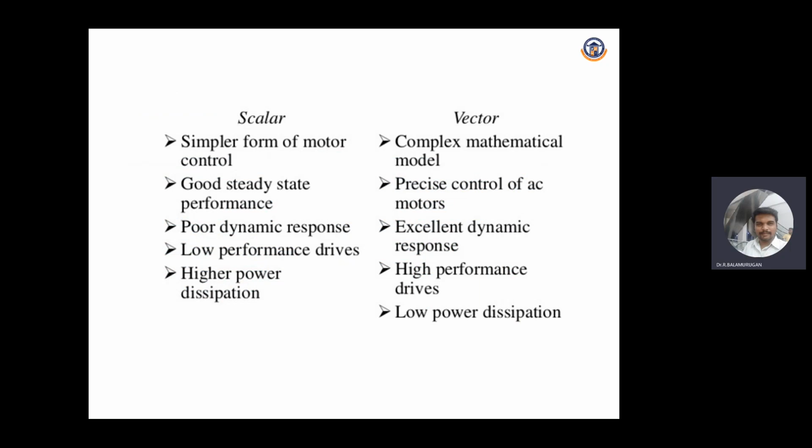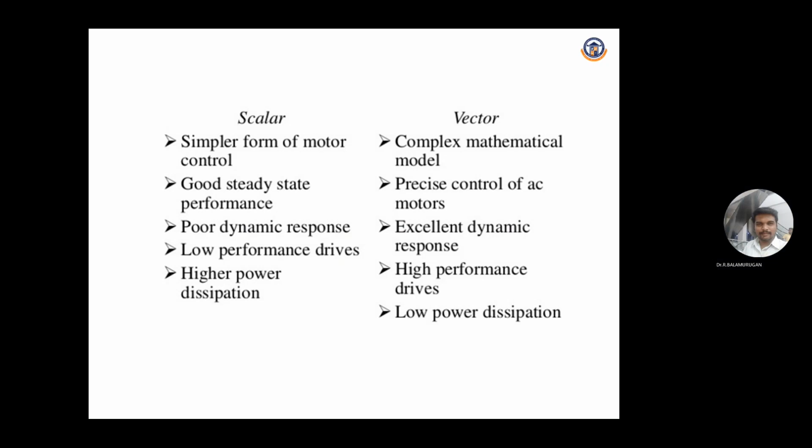More complex mathematical calculations are needed for vector control, but the control is simpler in scalar. The dynamic response will not be good in scalar, but compared to that, vector control has excellent dynamic performance. Power dissipation is also high in scalar, whereas in vector control there will be low power dissipation.